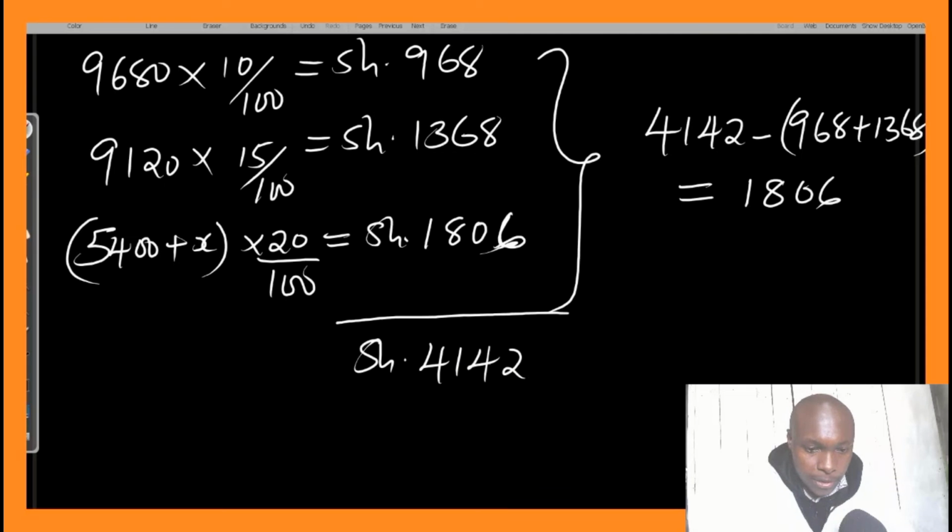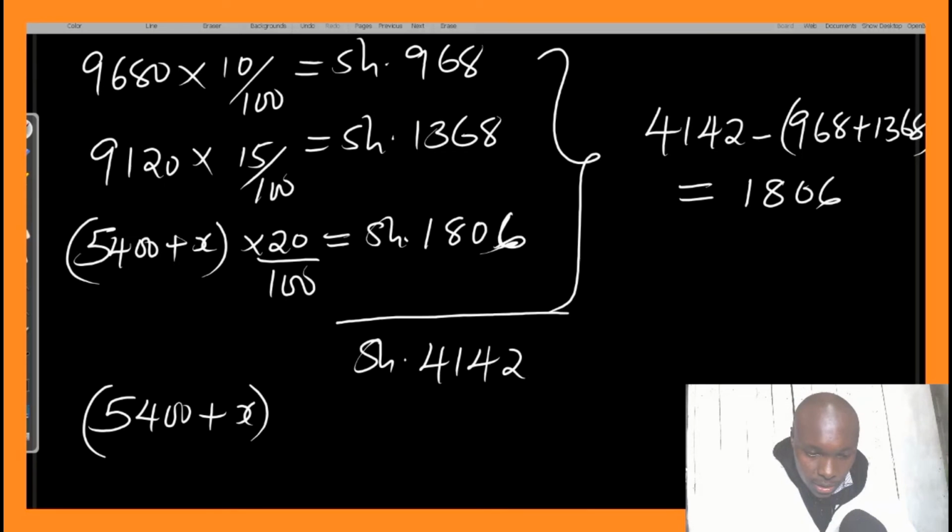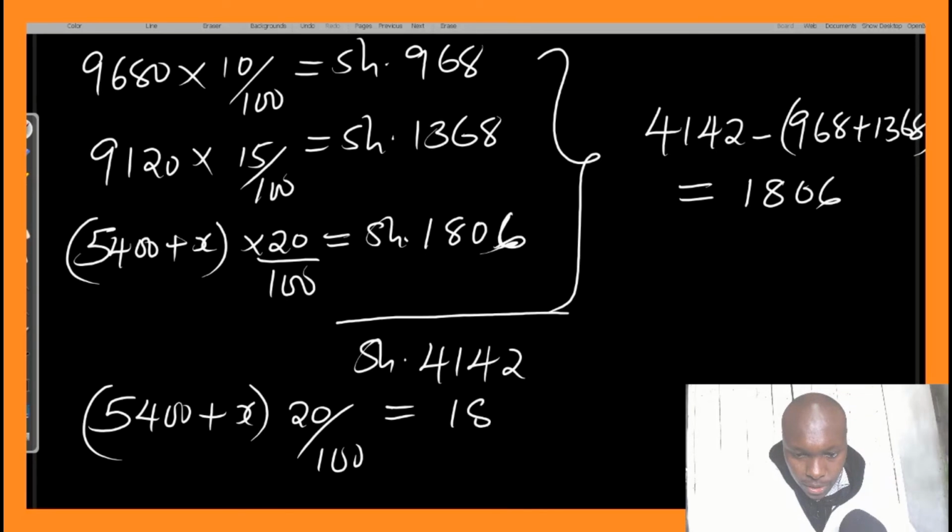Now this should help us to calculate the value of X, which is the additional income at that level. So this is how we get it: 5,400 plus X. Then you tax that at 20%. This should give 1806. So we can calculate for X there. Multiply both sides by the reciprocal of 20 over 100.